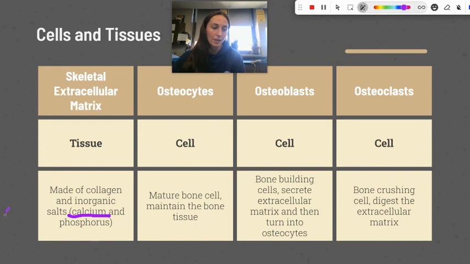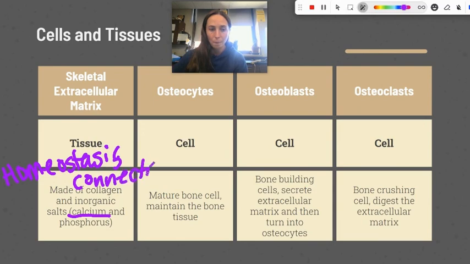So if you're writing in your notes, you maybe put a little note here off in the margins. You could write something about homeostasis. Homeostasis, like connection, is what I would make a note of. Is this calcium right here. So if you're trying to make some connections to other things, that's our previous unit, right?